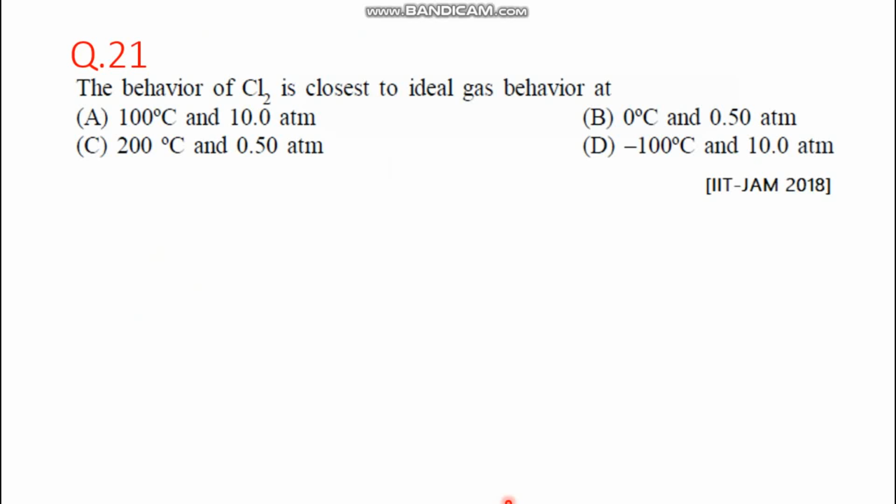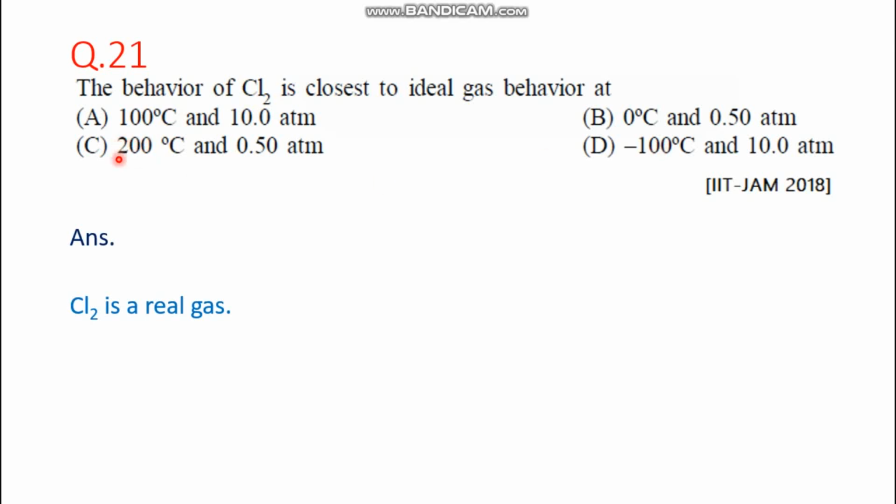The behavior of chlorine is closest to ideal gas behavior at which temperature? Definitely it should behave ideally at high temperature and low pressure. So which one is high temperature and low pressure? Look, this is a real gas, and the options are 100 degrees, 200 degrees, 0 degrees, minus 100 degrees.